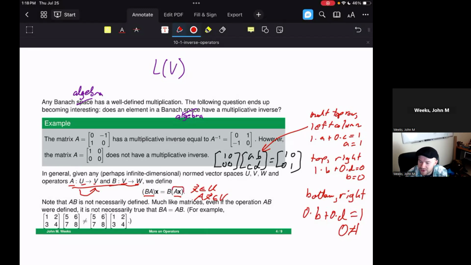And now that this vector is inside of V, B times AX will be a vector that is inside of W. So this BA will itself be an operator that takes you from a space beginning at U and ending at W.